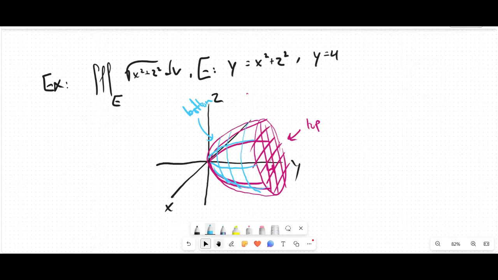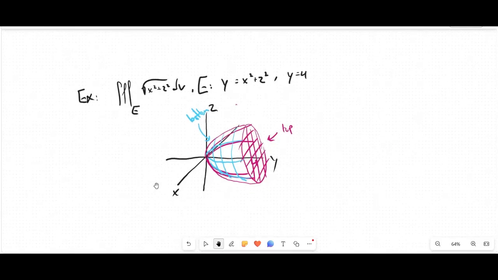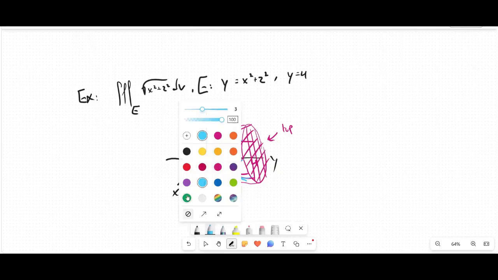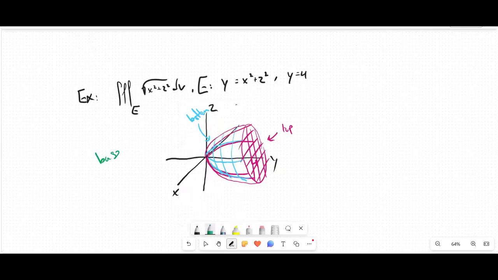That's more or less all the hints you need to realize what we're about to try and do. But I'm going to ask you a challenge question. What is the base in this case? The top and the bottom are y as a function of x and z.